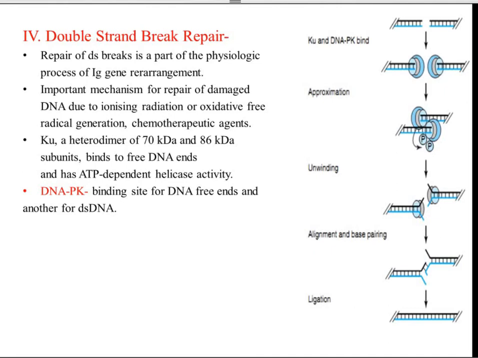Now, usually double strand breaks can occur during a process called gene rearrangement. Gene rearrangement is a form of regulation of gene expression where a number of antibodies can be synthesized upon exposure.